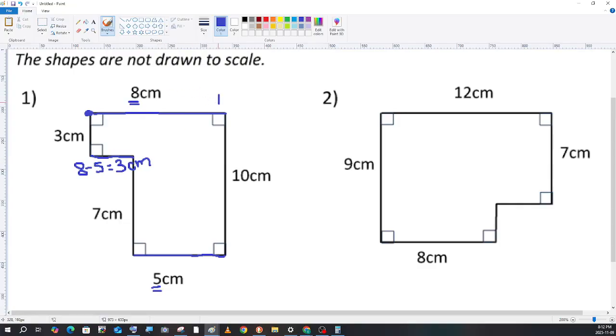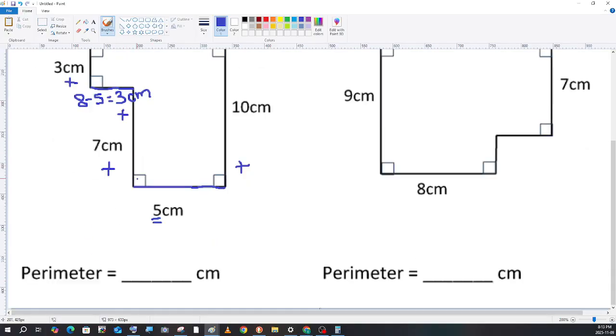So it's going to be 8 plus 10 plus 5 plus 7 plus 3, and then plus 3 again, because this other side is also 3. So 8 plus 10 is 18. 18 plus 5 is 23, 23 plus 7 is 30, 30 plus 3 is 33, and then 33 plus 3 gives us 36 centimeters.